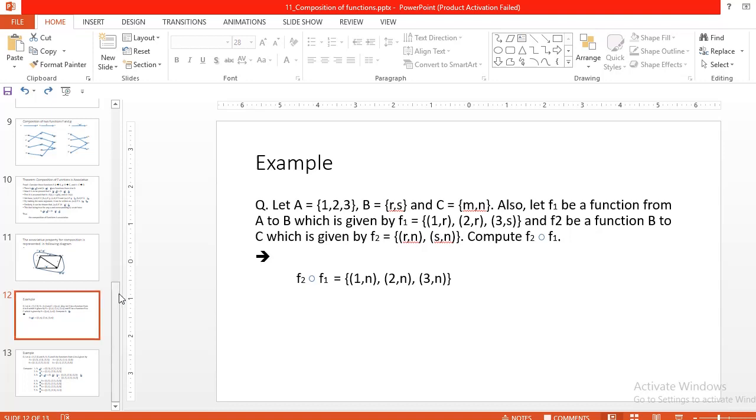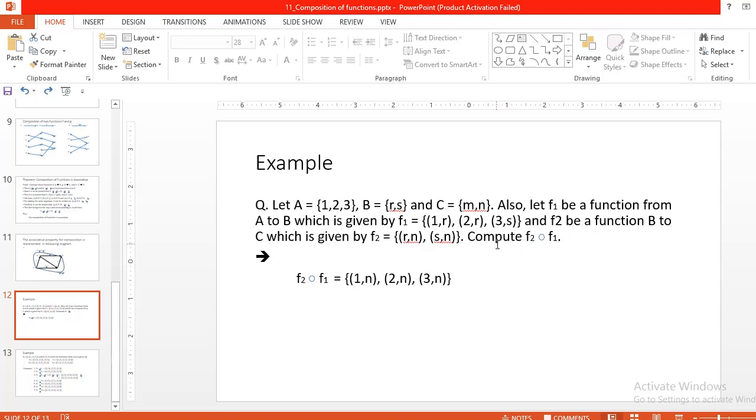Okay, so what is the question? In the question, set A is given as 1, 2, 3, B is equal to r, s, and C is equal to m, n. The functions are also given: f1 is a function from A to B, given by f1 is equal to {1r, 2r, 3s}, and f2 is a function from B to C, given by f2 is equal to {rn, sm}.